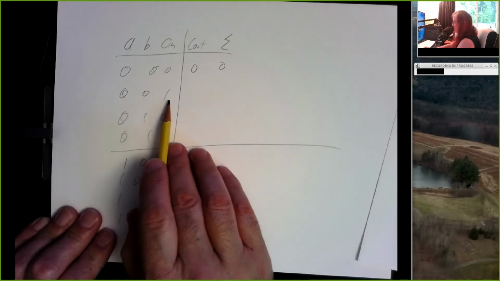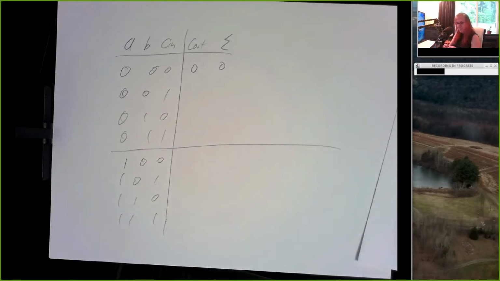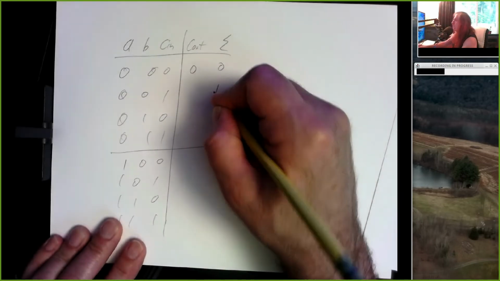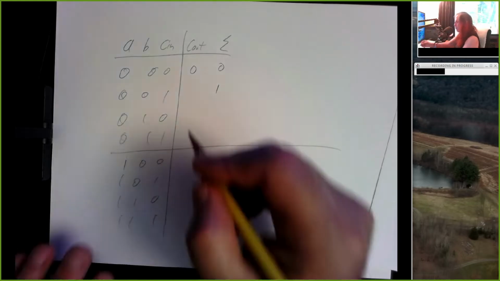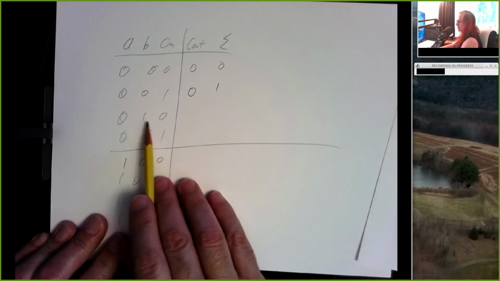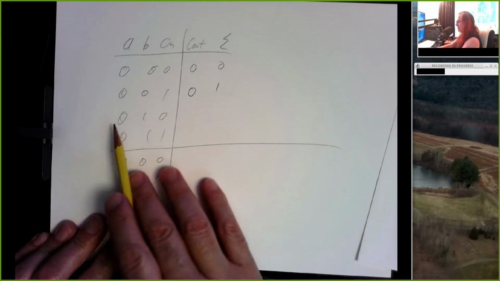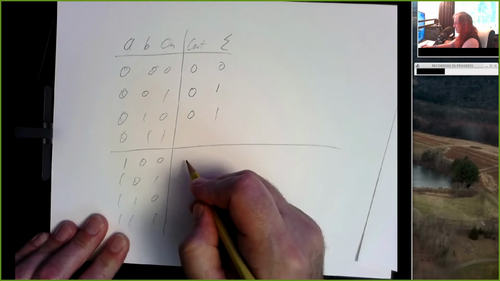What about 0 plus 1? What's the sum that should be generated from that combination of inputs? Yep, sum is 1. And what's the carry coming out? Perfect, no carry. And this is exactly the same. It happens to be 0 plus 1 plus 0. But that's the same as 0 plus 0 plus 1. And here's 1 plus 0 plus 0. That's the same thing.